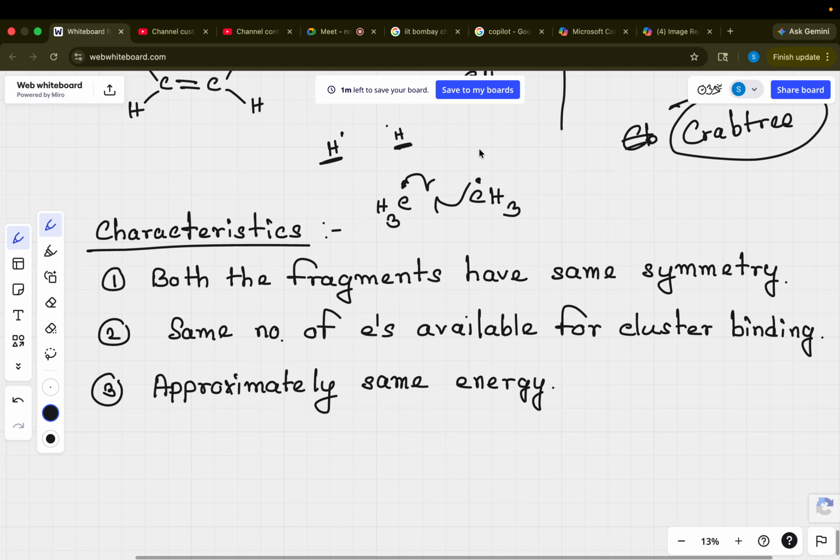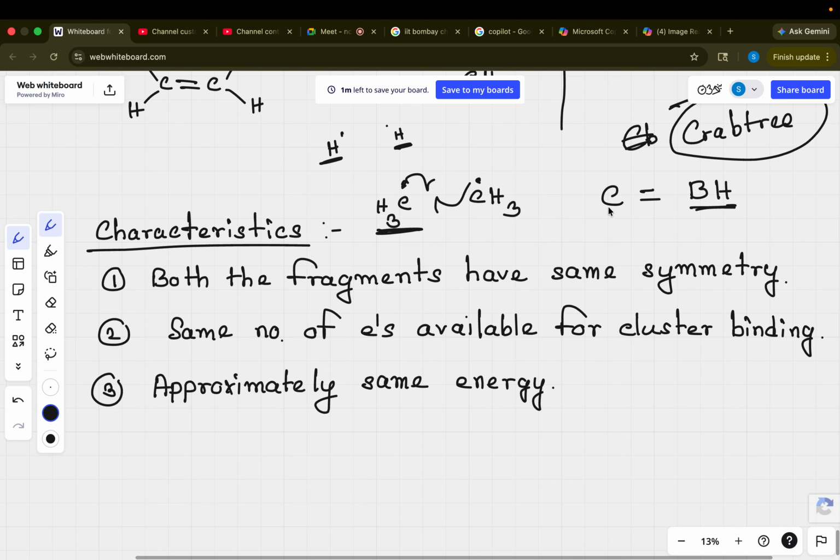You know already that if electronegativity increases, the energy will decrease, so you have to check like that. We are making carbon equal with the BH unit, so we are saying that carbon is isolobal with BH.